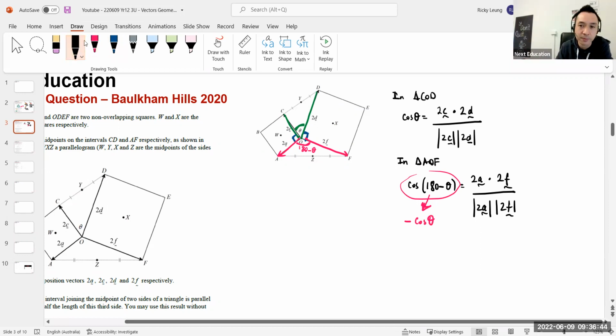So this is what I'm going to do. Therefore, this guy, 2C dot 2D over the magnitudes of 2C times 2D, should equal the negative of this one.